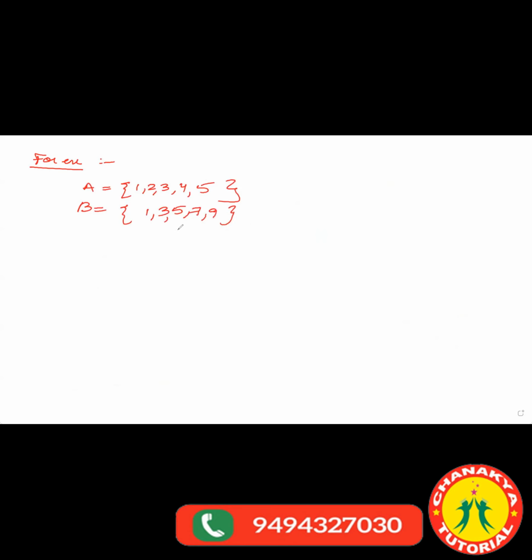Clear, beta? So, you will write your A union B. How you will write A union B? 1, 2, 3, 4, 5, 7 and 9. Clear? And you will write one element only once. Don't repeat it. Clear, beta?